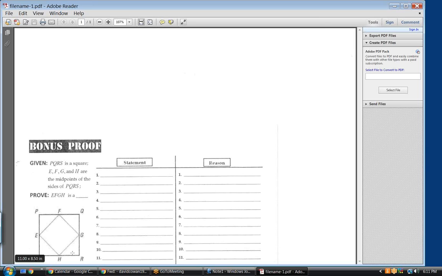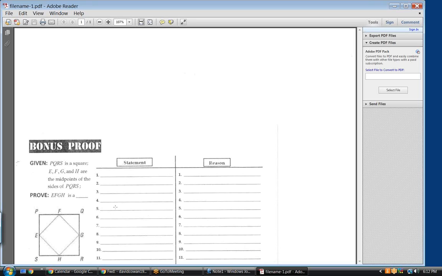The goal is... Well, you tell me. What should I be trying to do here? First of all, how am I going to prove that those sides are equal? What's a mid goal? In other words, somewhere in this middle range of the statements, I have to say what?